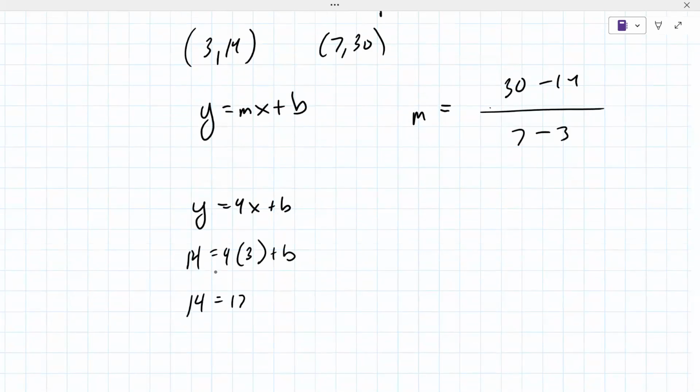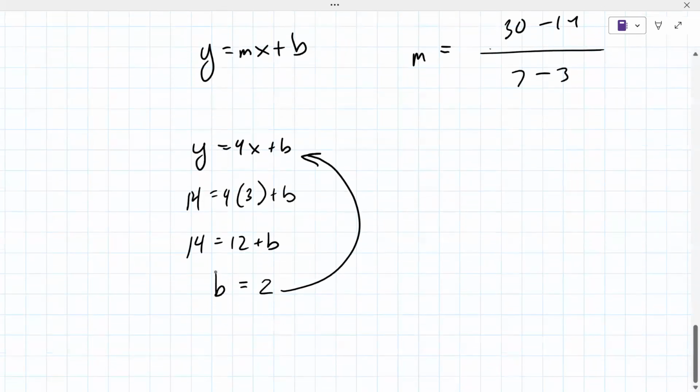Good. What does b equal? I gotta subtract 12. b equals 2. Good.